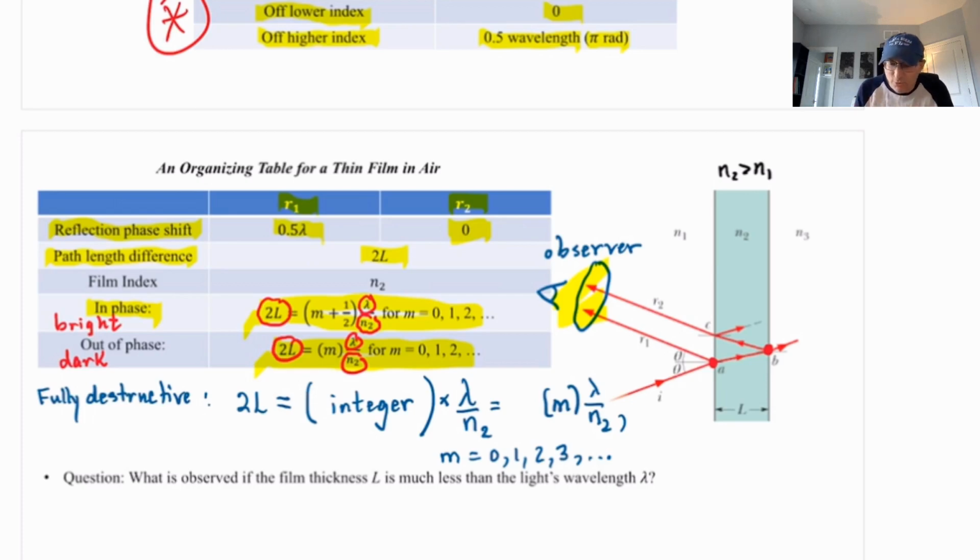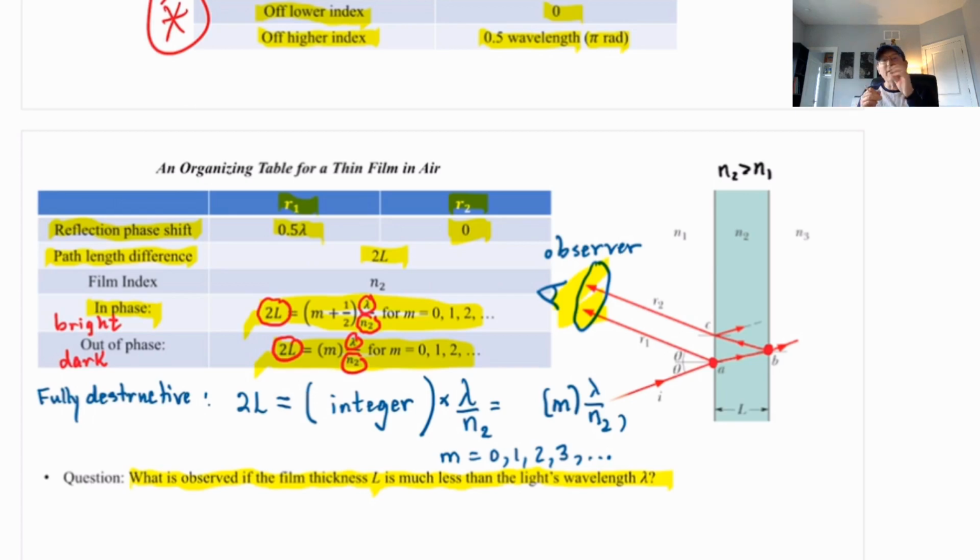And then here's a special question to consider. What do we observe there, where our observer is, if the thickness of that film L is small compared to the wavelength of the light? Okay? That would be a very thin film. Usually when we talk about a thin film, we're talking about a thickness that might be of the order of millimeters to micrometers.